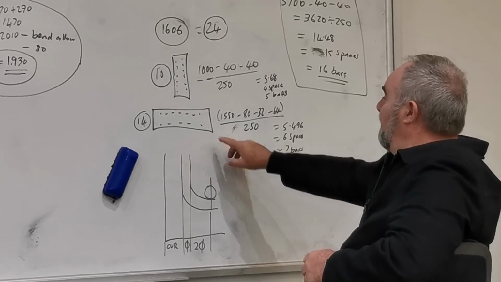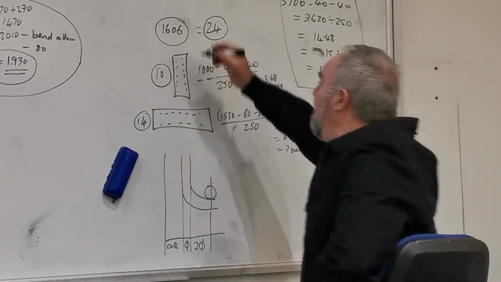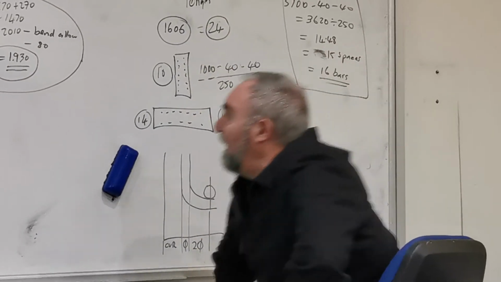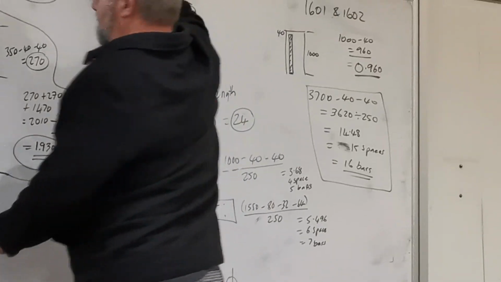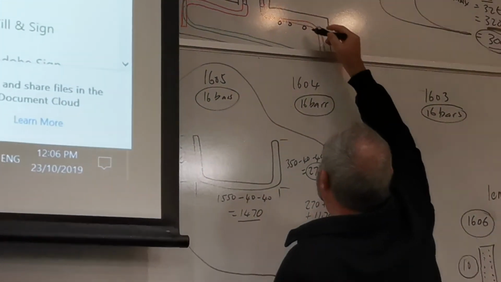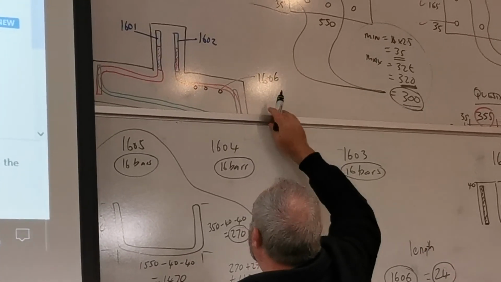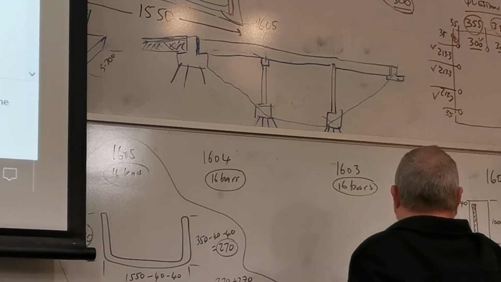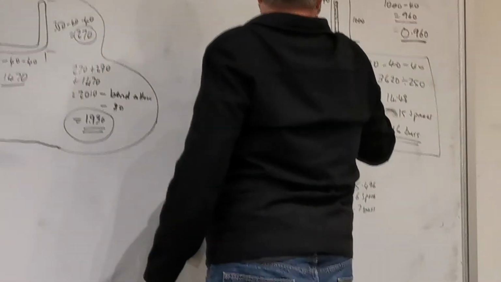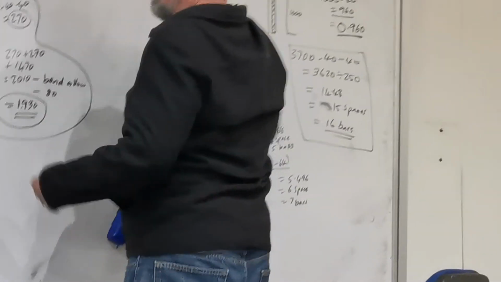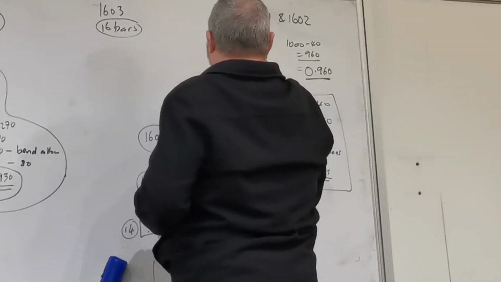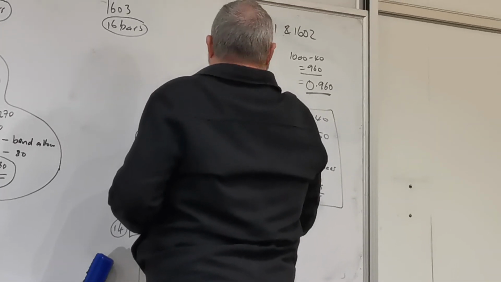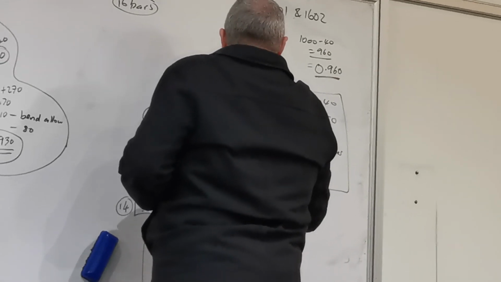Well, we've calculated this. Does anyone know the length of this bar? It's pretty easy. The length of this bar, we're talking about the black bar there. This one here, 1606. It's just the width minus the cover, equals 3700 minus 80, which equals 3620, or 3.620, okay?